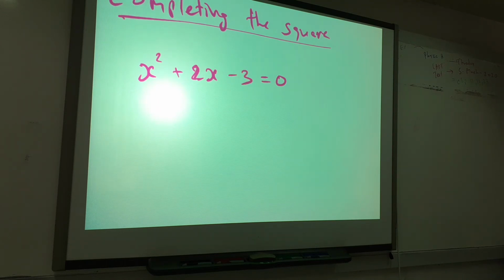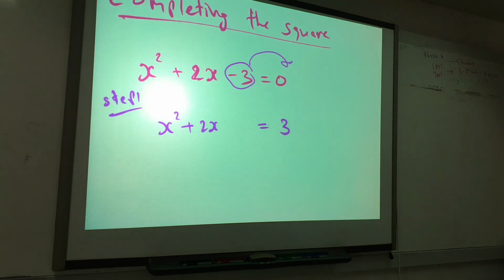Whenever you want to do completing the square, step 1: move the number with no x to the other side. Write x squared plus 2x, and move negative 3 to the other side. It becomes positive 3.